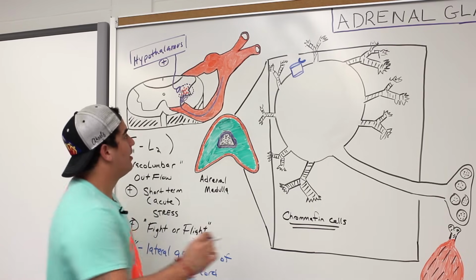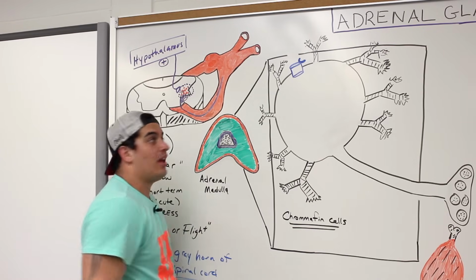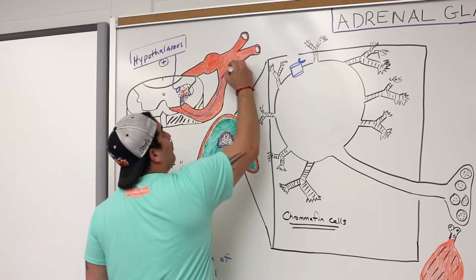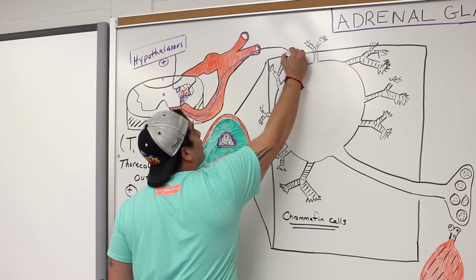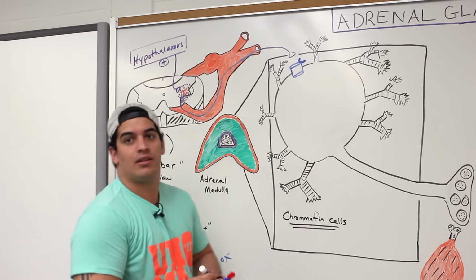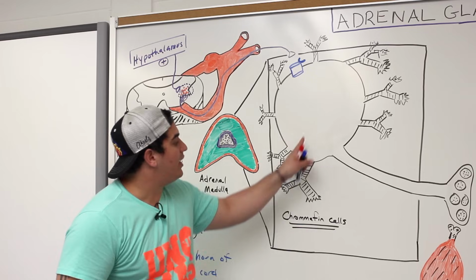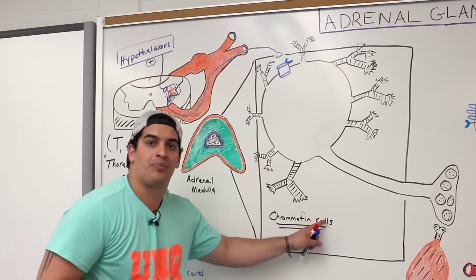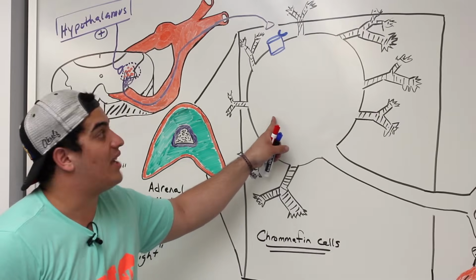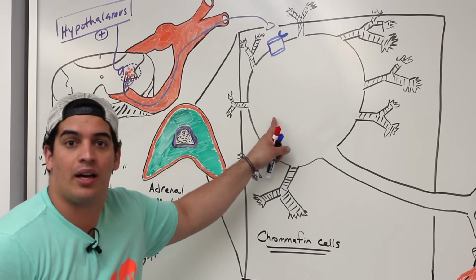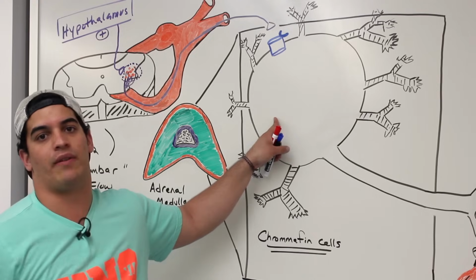However, these ones are different. They don't stop at a chain ganglia. They move right through the chain ganglia and come to the adrenal medulla. And in the adrenal medulla, what did I call these again? The chromaffin cells, which were the cell bodies of the postganglionic motor neurons of the sympathetic nervous system.